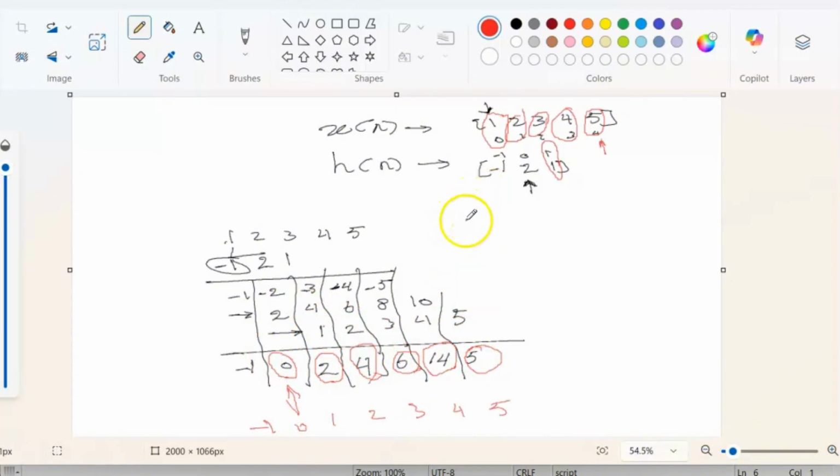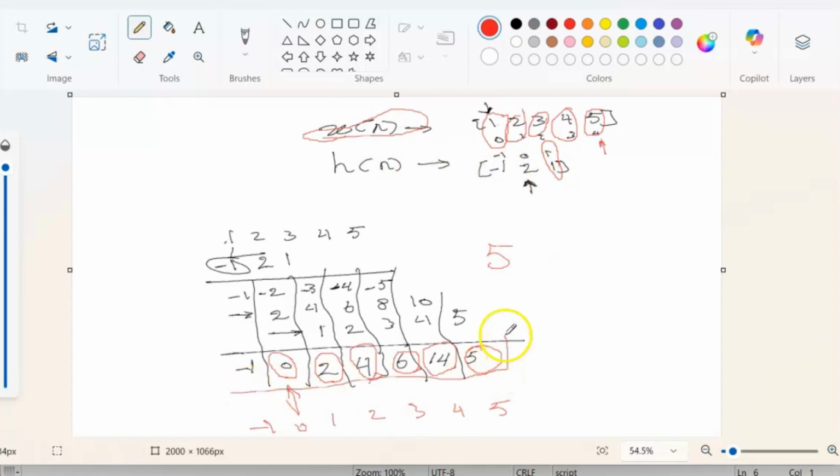One more important thing: if you look at the signal, how many elements do we have? 1, 2, 3, 4, 5. So we have 5 elements in our x of n, and in h we have 1, 2, 3.